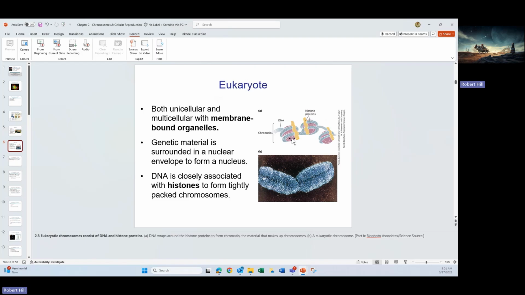This right here makes a unit called a nucleosome. But you can see it wraps around a group of these 8 proteins in there. There's 8 histones, and there's a linker right here. That's what you're looking at. But this enables the DNA to fit inside the nucleus.